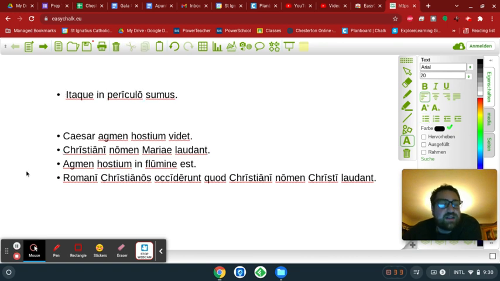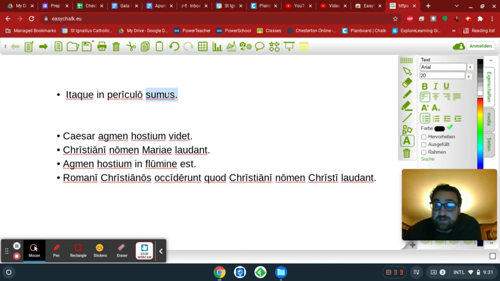All right, next we have itaque in periculo sumus. Now, this is kind of fun because typically we just see third person verbs in our sentences, either third person singular or third person plural. It's either about a he or a she or about multiple he's or she's, right? But here we have sumus. And so if we think back to how we conjugated our verb sum, sum, es, est, sumus, estis, sunt. So sumus was in the first person plural. So that's a we. So sumus means we are.